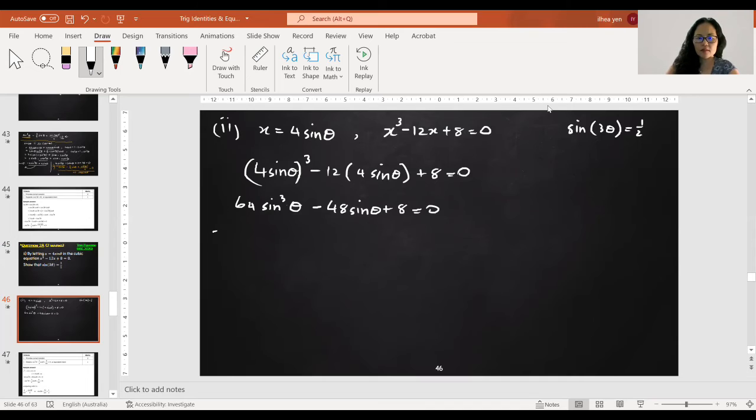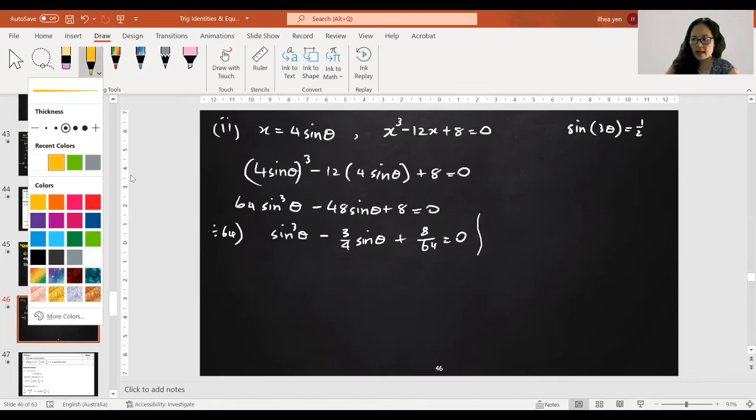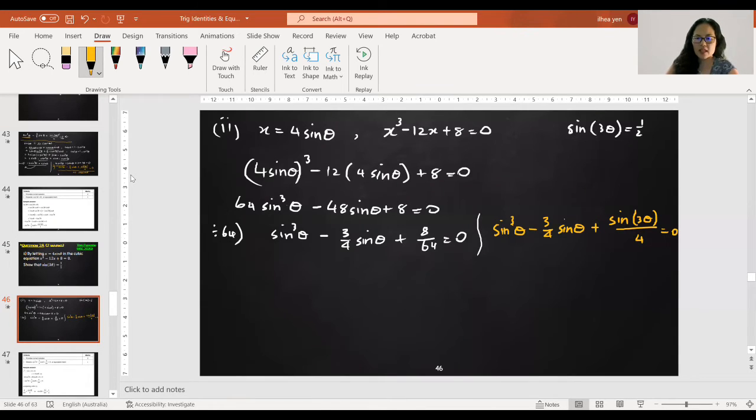And then I'll divide it by 64: sin³θ minus 3/4 sin θ plus 8/64 equals 0. Now from the previous one we had, okay, so we can equate this and say that will be equal to that. sin 3θ over 4 equals 8 over 64.